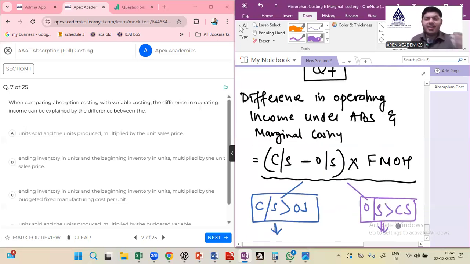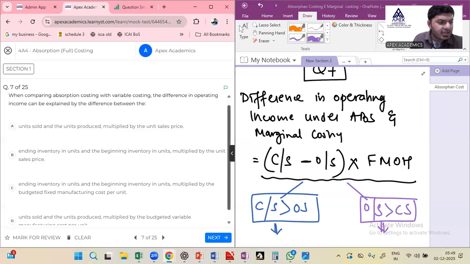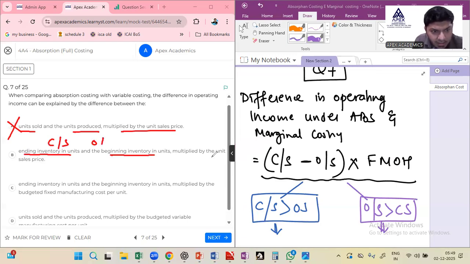Now let us see how they are presenting the answer. Sir, in the answer they are asking us first units sold and units produced multiplied by unit sale price. No, it is closing stock minus opening stock multiplied by fixed manufacturing overhead. Ending inventory in units, closing stock, and beginning inventory in units, opening stock, multiplied by unit sales price.